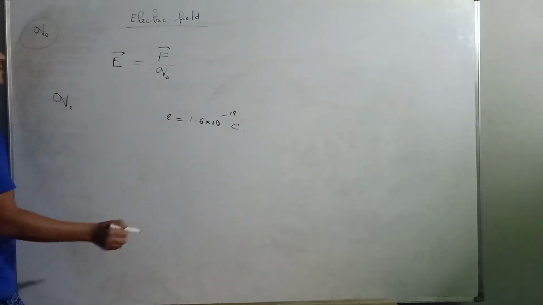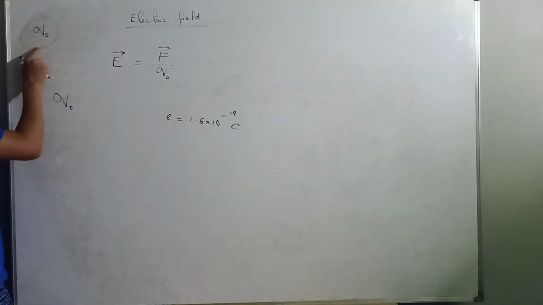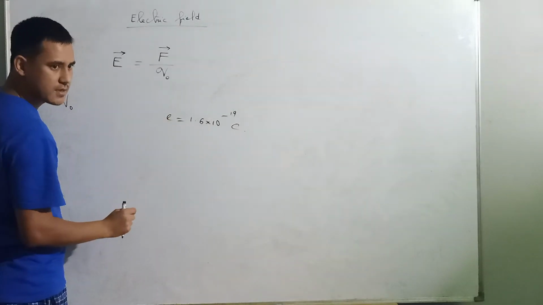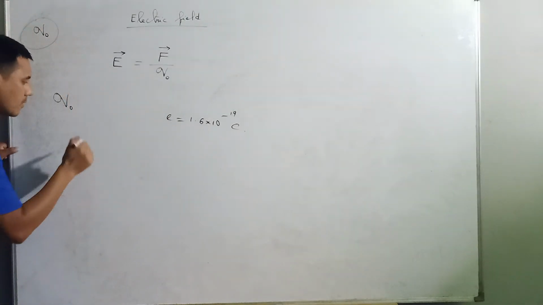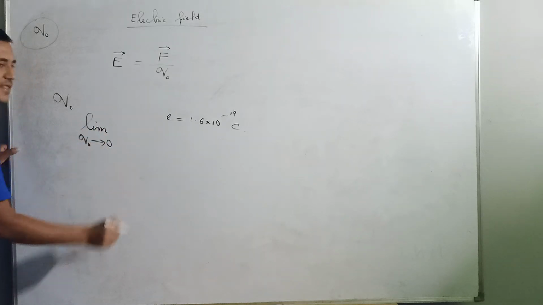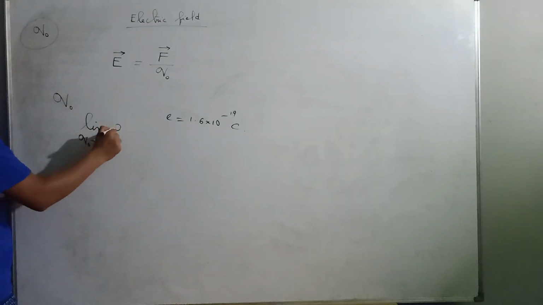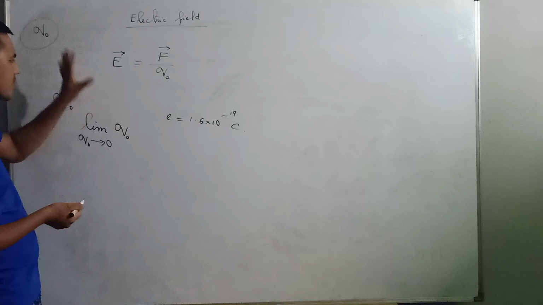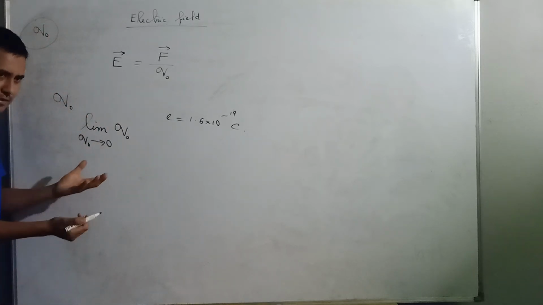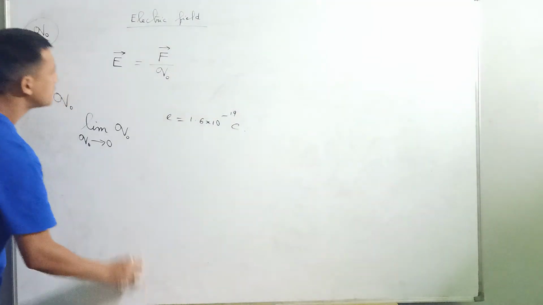But this test charge is many times smaller than this. So whenever we write Q naught, we write limit Q naught tending to 0, as in calculus. This kind of charge does not exist in reality. It's just a theoretical creation to understand the concept. Are you getting me? Yes.